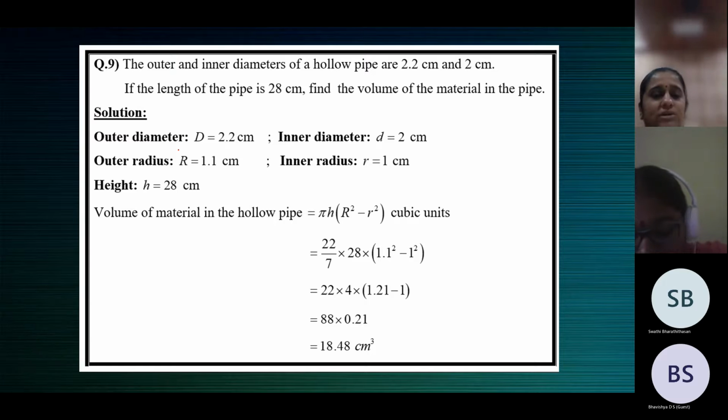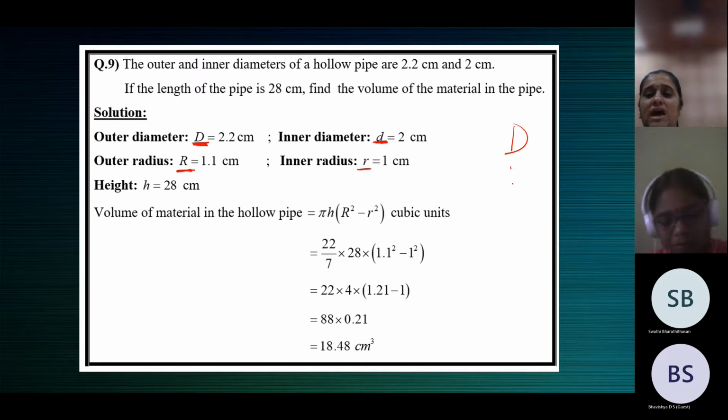I've represented the outer diameter using capital letters, inner using small letters. See, outer diameter, capital D. Outer radius, capital R. So inner diameter, small d. Inner radius, small r.